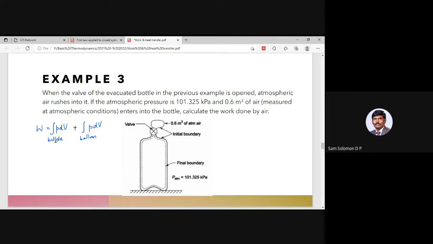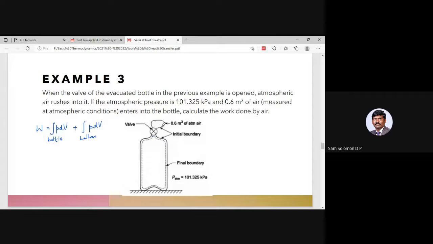If you look at the PdV work in case of the bottle, the volume of the bottle remains the same. No matter that 0.6 meter cube of air is going to enter in, it is going to occupy the entire volume of the bottle. The volume of this bottle is not going to increase.